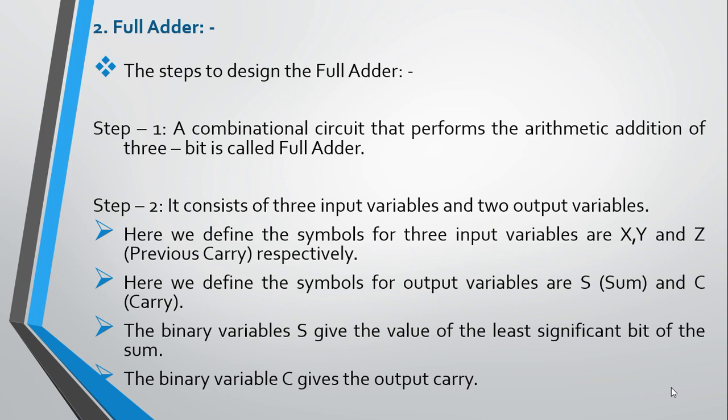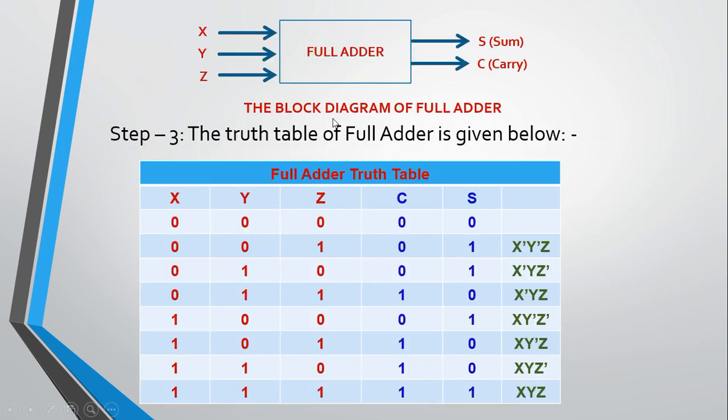S represents the least significant bit of sum and C represents the output variable for carry. Now the block diagram of the full adder has 3 input variables x, y and z, the full adder, and sum and carry. So 3 input variables, 2 output variables, block diagram of the full adder. It is easy, yes or no?